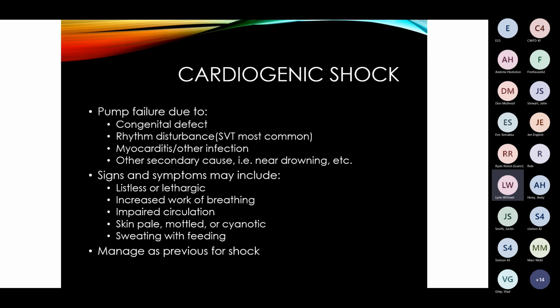Now, probably the most common causes, though, are rhythm disturbances, which are also usually based on some congenital defects, and supraventricular tachycardia is the most common, with atrial flutter or PAT being the most common. Myocarditis or other infections can cause cardiogenic shock.